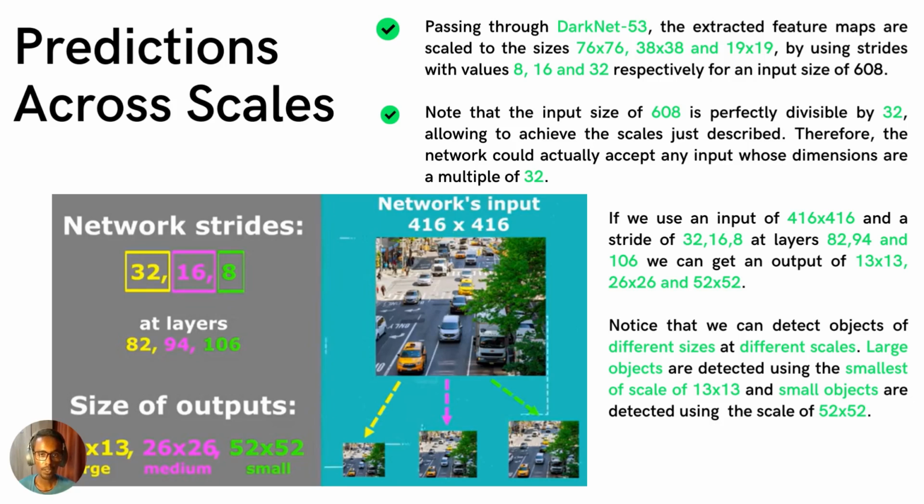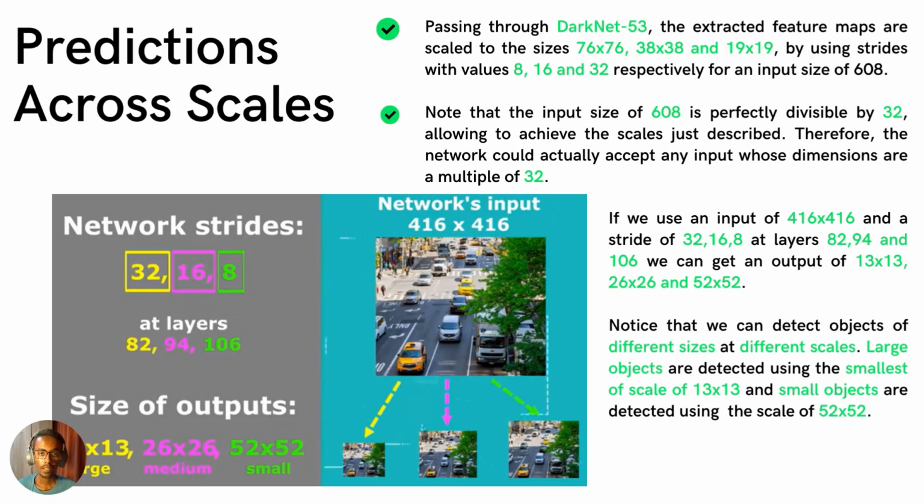So if you consider an input size of 608, which is perfectly divisible by 32, and you perform a convolution by using strides of 8, 16, and 32 respectively. When you reach the layers 82, 94, and 106, you'll have the spatial dimensions of 76, 38, and 19 at the 3 different scales.